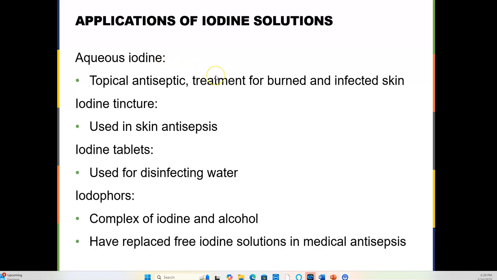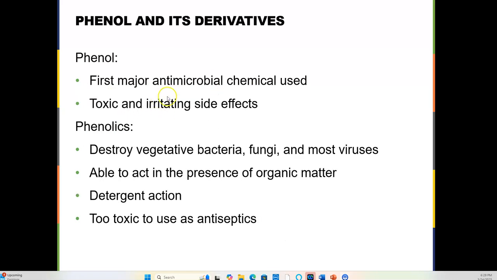Aqueous iodine is a topical antiseptic, a treatment for burned and infected skin. Iodine tinctures are used in skin antisepsis. Iodine tablets are used in disinfecting water. And iodophores are complexes of iodine and alcohol and have replaced free iodine solutions in medical antisepsis.